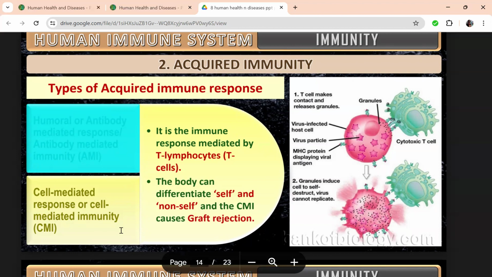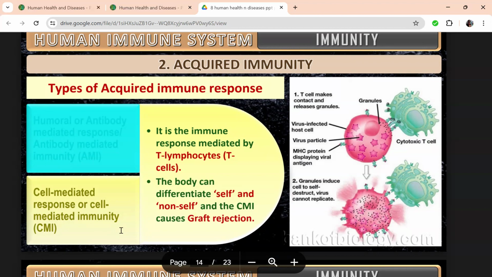The T cells make contact and release granules. I have the virus infected host cell, which will get contacted by a cytotoxic T cell. These granules induce the cells to self-destruct, so the virus cannot replicate.